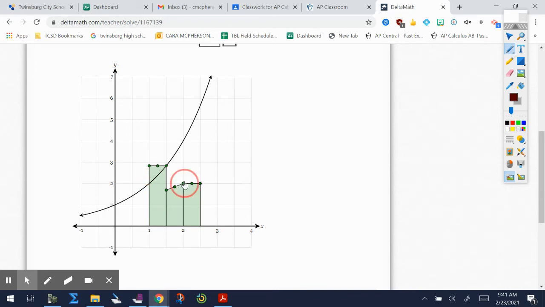Then I want the right side. It always grabs the other one. I want the right side of the second one, and I want to hit the function. And then I want to bring this left side just to meet that same height. And then finally, I want to grab the right side, and then I want the left side to just go to that height. So the right side is what determines the height.